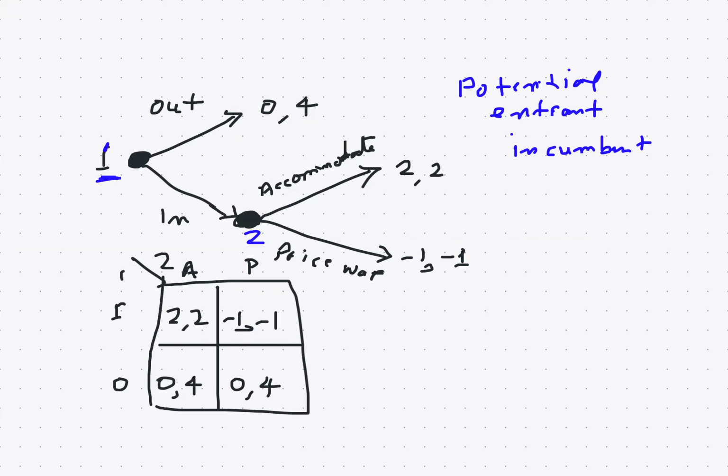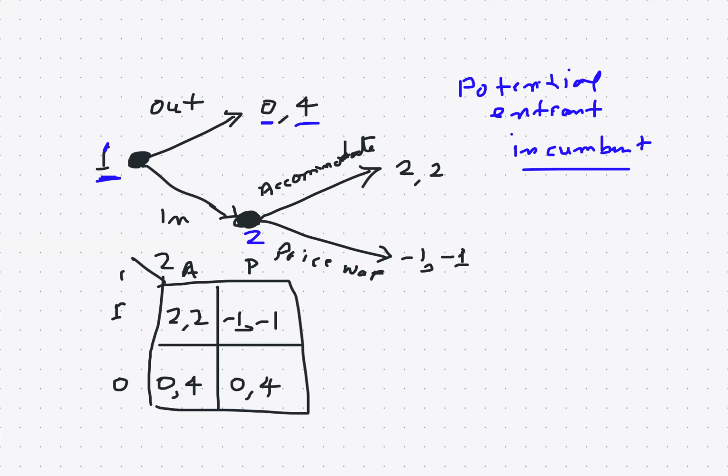Okay, so this is a game of price war. If firm one, the potential entrant, remains out, meaning it does not enter the industry and compete with firm two, then the payoffs are 0 to firm one, meaning firm one is breaking even, making normal profit, and 4 to the incumbent firm. In that case, it has a monopoly.